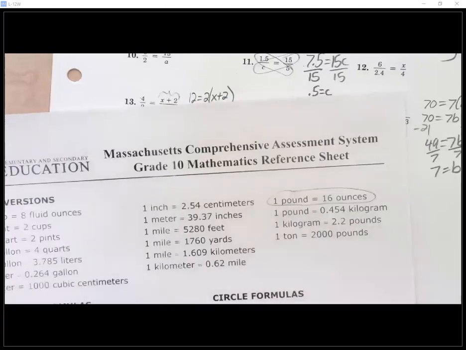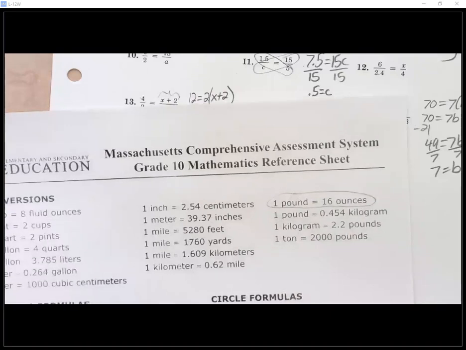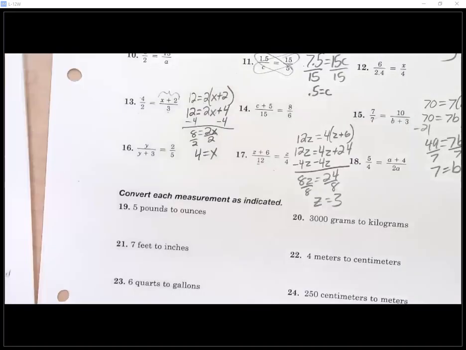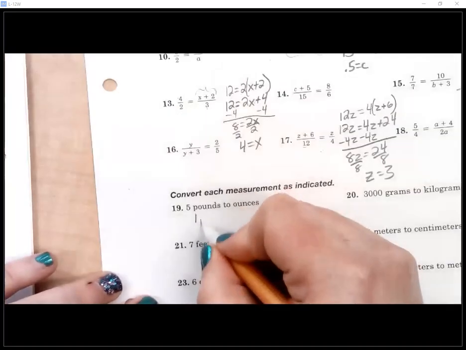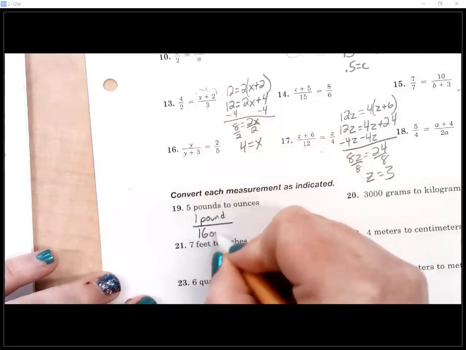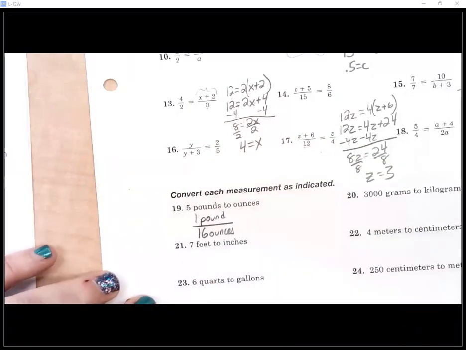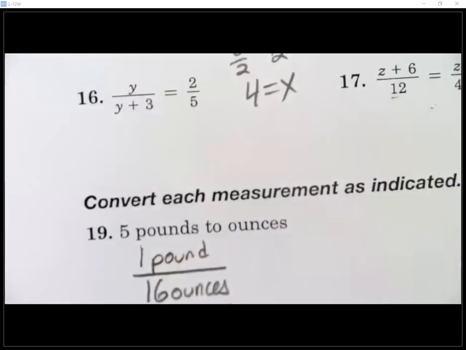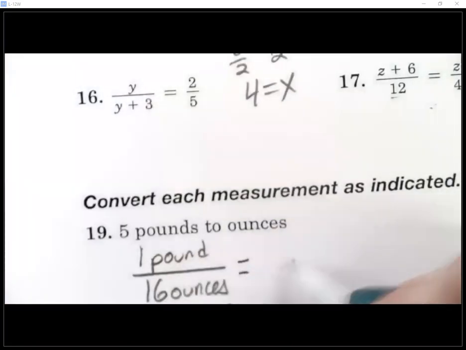See that? So what I'm going to do is set myself up a proportion to solve this. So check this out. Once I have the equivalency, 1 pound, 16 ounces, I can write it as a fraction. 1 pound is the same thing as 16 ounces. All I have to do to solve this problem is set this equal to, thank you.